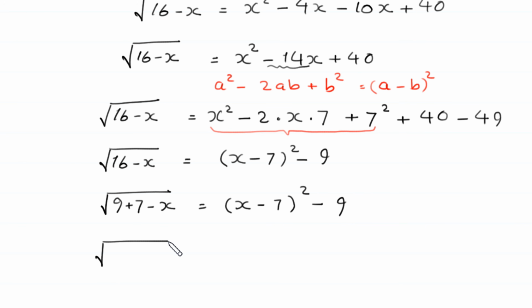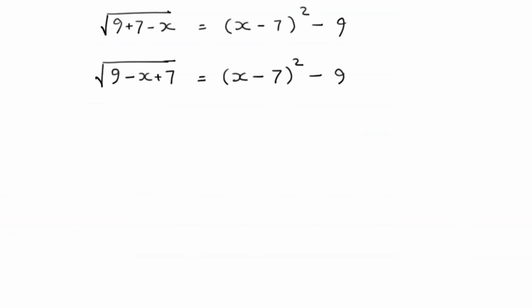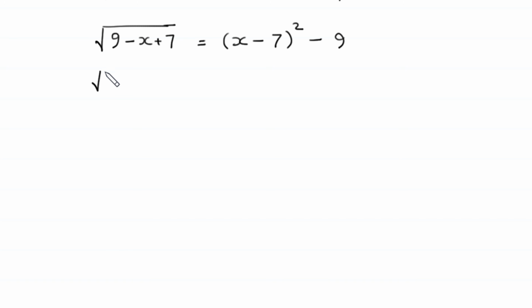Next, square root of, we rearrange this expression as 9 minus x plus 7 is equal to x minus 7 whole squared minus 9. Next, square root of 9, from these two terms we use negative sign before parenthesis, so this will become negative times x minus 7 is equal to x minus 7 whole squared minus 9.